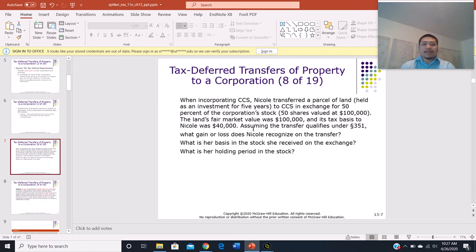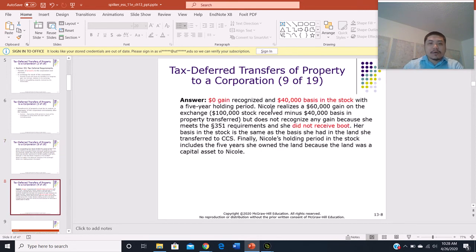We know this parcel of land she held for investment, and she already owned it for 5 years. So this is going to be a long-term capital asset. That's why her holding period in the stock is going to include the 5 years holding period that she already had on the parcel of land. So, zero gain and $40,000 basis in the stock. As this is a pure transaction, there's no boot involved, so she doesn't have to recognize any gain, and her holding period includes the 5 year period on the land.